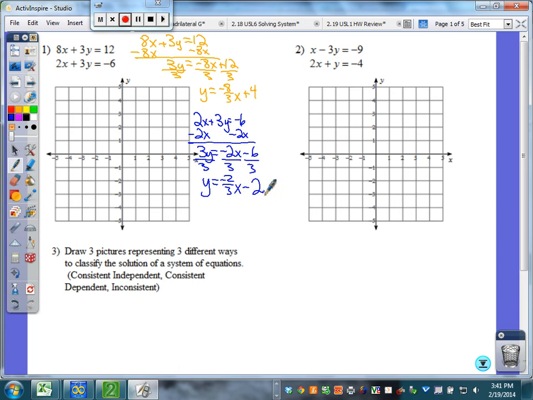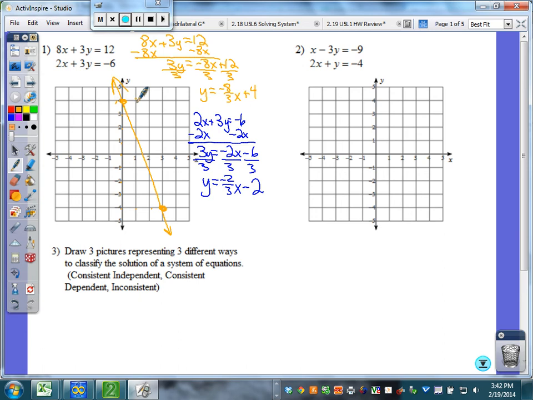All right, so graphing each one of these, we're going to graph the first one. Y-intercept is 4. My slope is negative 8 over 3, so we're going down 1, 2, 3, 4, 5, 6, 7, 8, and going to the right 3. 1, 2, 3. All right, and this is my line.